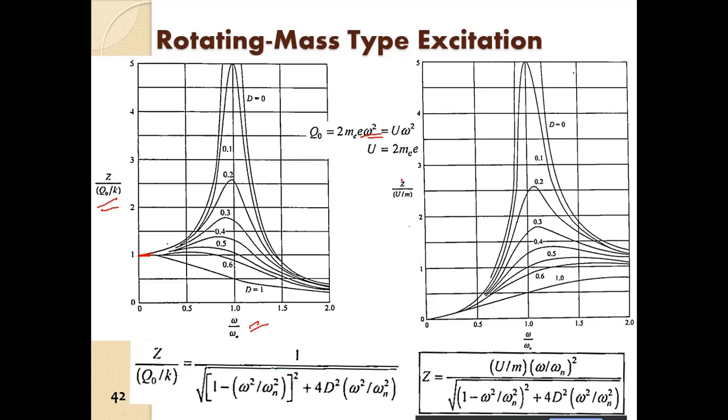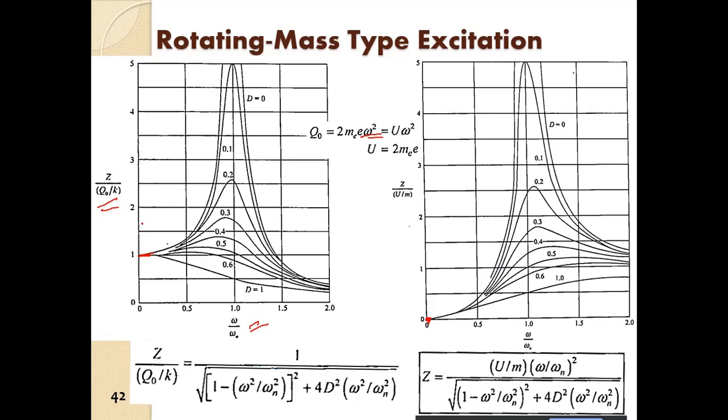Therefore, when the frequency is 0, that is when the machine is not operating, it starts from the 0 component. That is why there is this difference. But other than that, the other parts of this plot are similar.